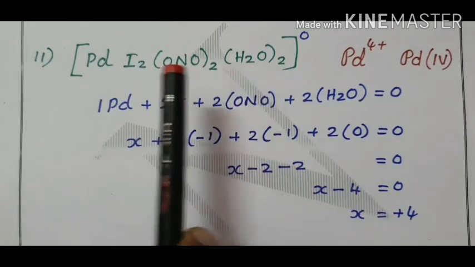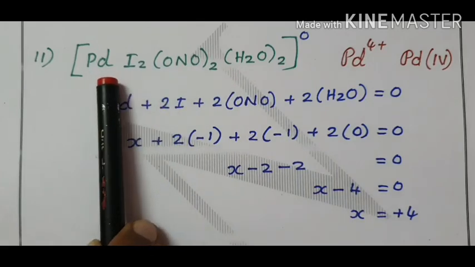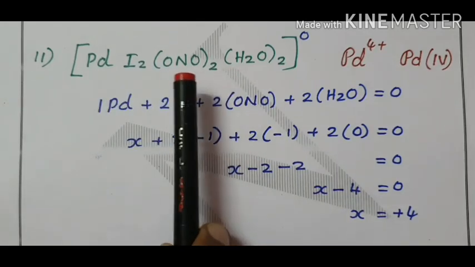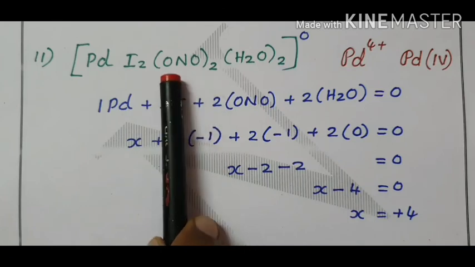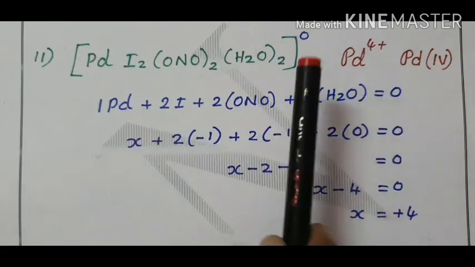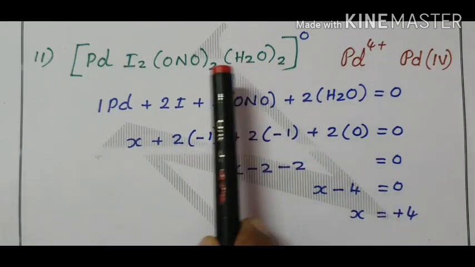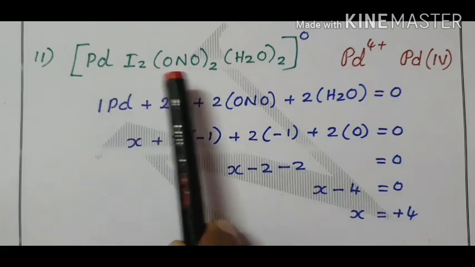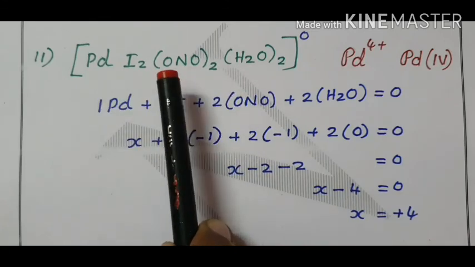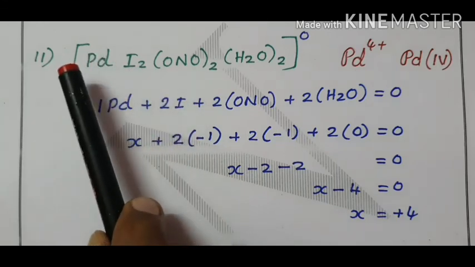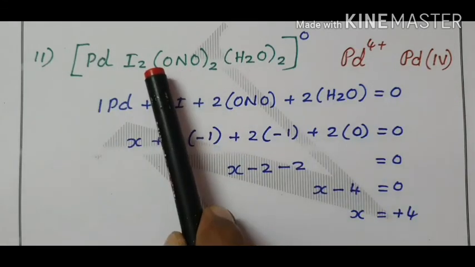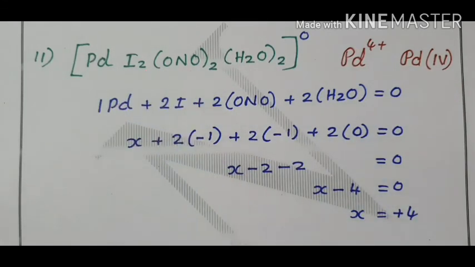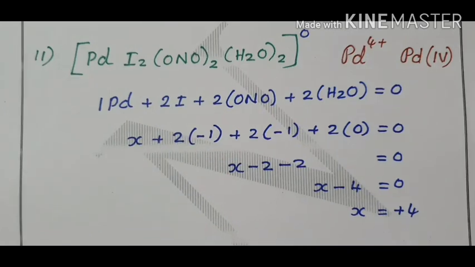Kappa O indicates that in the nitrito ligand, oxygen is the donor atom.